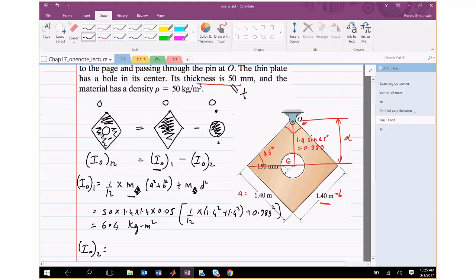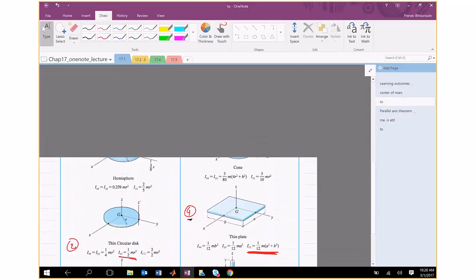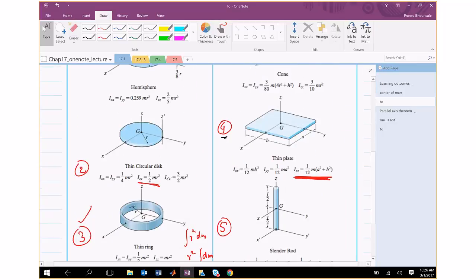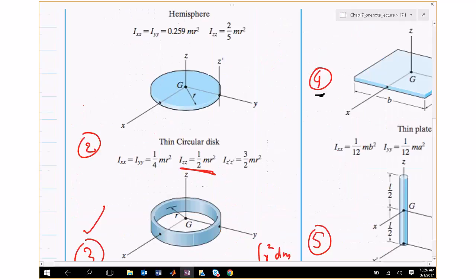And so we go back to the table. This one right here, circular disk. Which of those inertias should I use? There are 4 formulas: X, Y, Z, and Z prime.